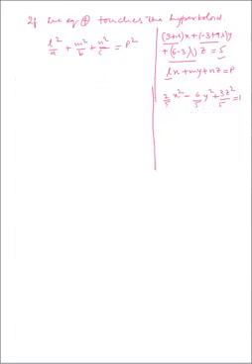Here this equation with ax square plus by square plus cz square is equal to 1. A is equal to 2 upon 5, B is equal to minus 6 upon 5, and C is equal to 3 upon 5.